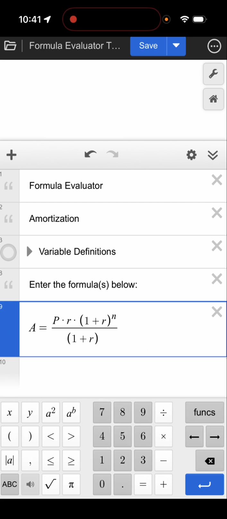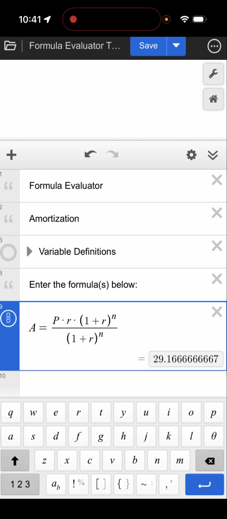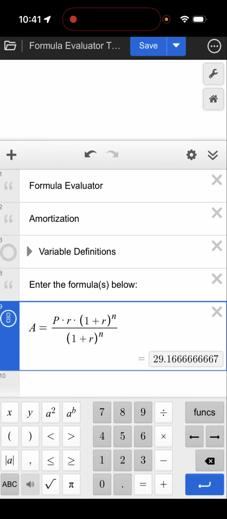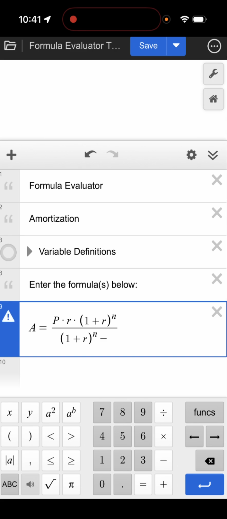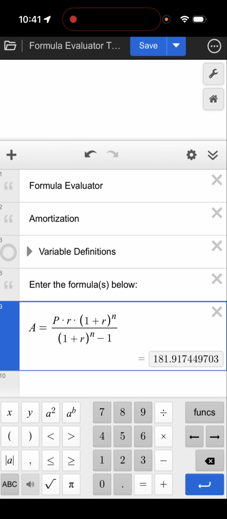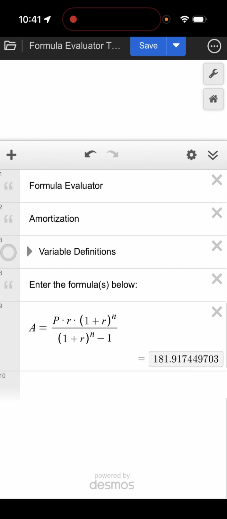So use that exponent key again, and then minus 1. Now the minus 1 is not in the exponent, so you might have to use that right arrow key to get it out of the way. And notice, once I do that, I'm just going to tap up here in the blank space above to get rid of the blue highlighter. Once I do that, my payment is listed there.